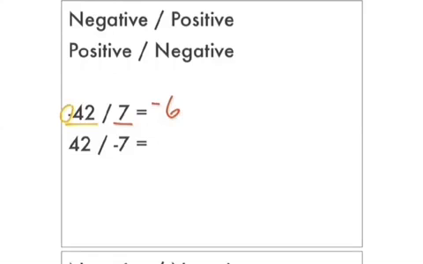It's the same thing if you have the whole number 42 and you divide by negative 7. That's basically like 42 groups of negative 7, or 42 divided by negative 7, which would again get me negative 6, because I've got that integer with the negative sign.